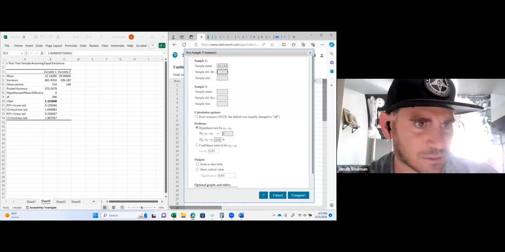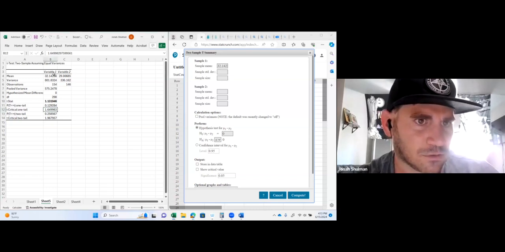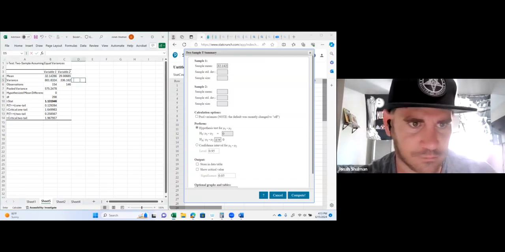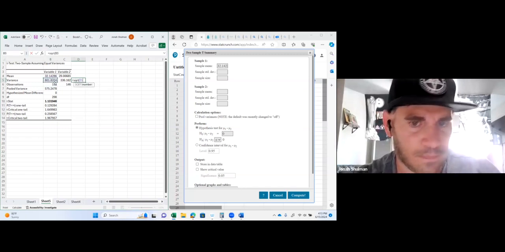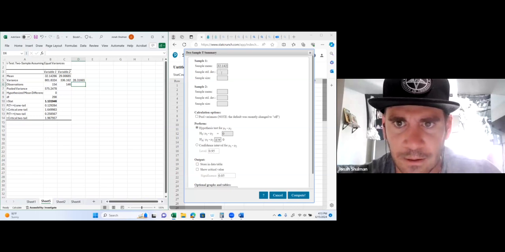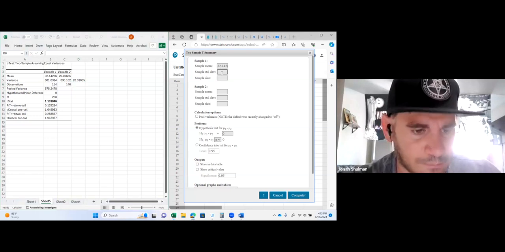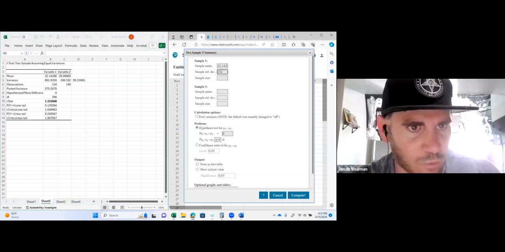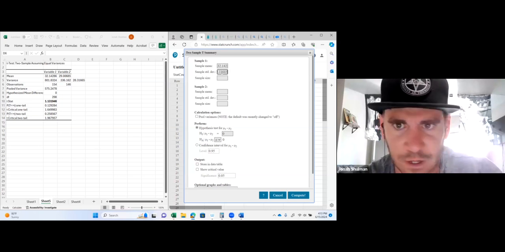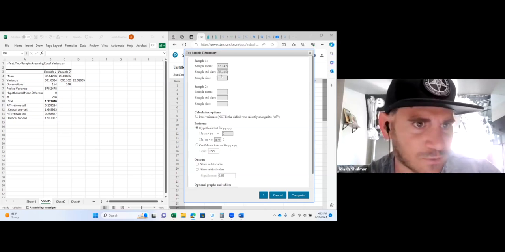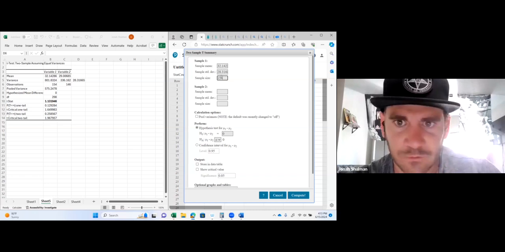Our sample standard deviation, well, I can just take the square root of that, is 28.131665. Our sample size for the girls was 154.